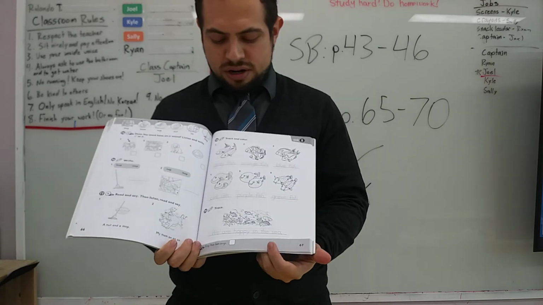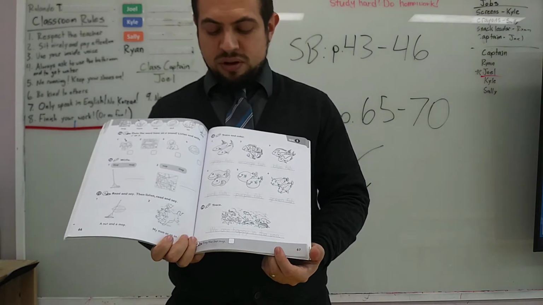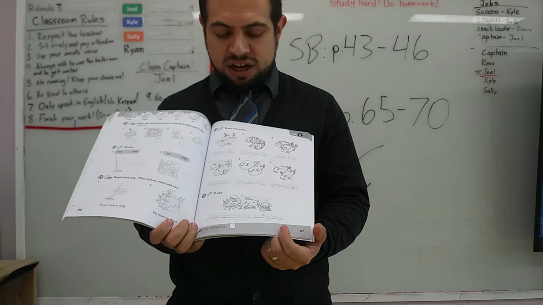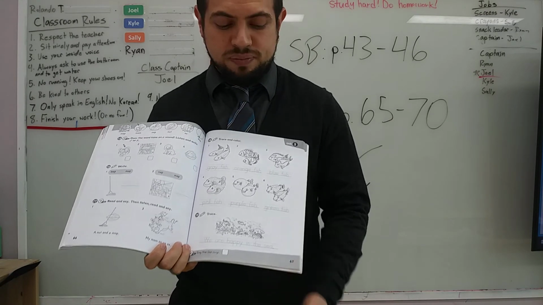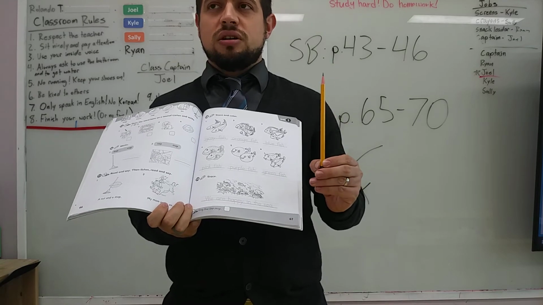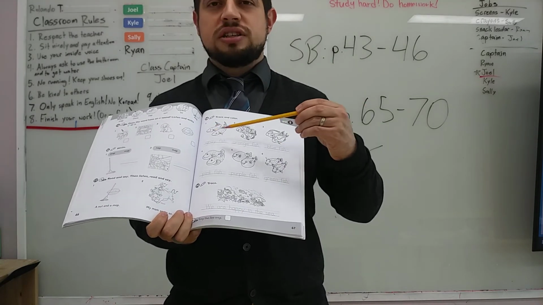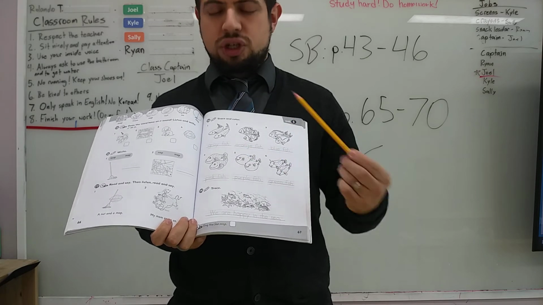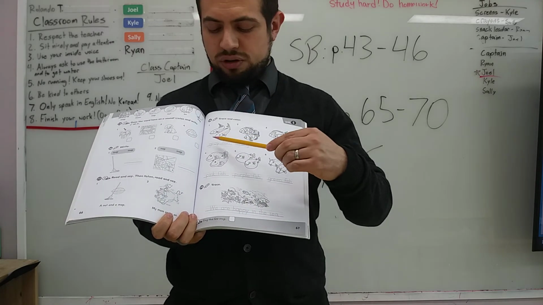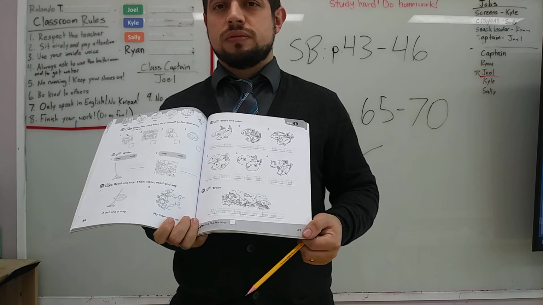All right, everyone. On page 67, we have some more tracing and coloring. Let's do the first one as an example. So let's take our pencil and trace the words. Number 1, gray fish. Gray fish.